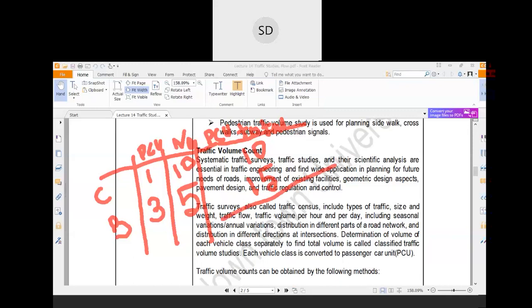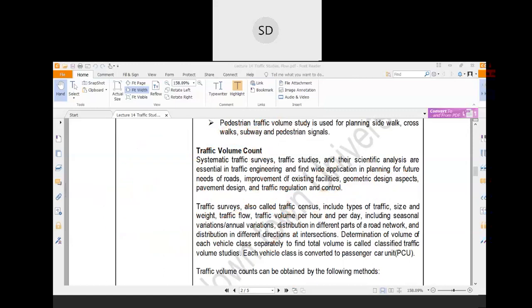Ultimately you can add these up and write PCU per hour. In this way it is very helpful to convert different vehicle classes into a single unit, and it is called PCU.